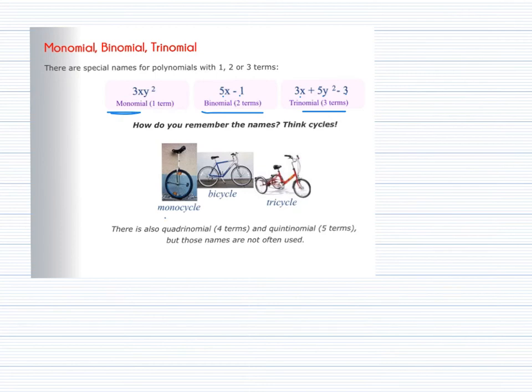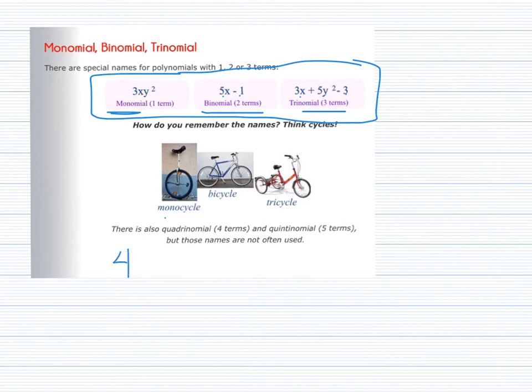Think about monocycle, bicycle, and a tricycle. I know also sometimes we call it a unicycle, but it's also called a monocycle. We don't often use quadrinomial or quintinomial. So these ones are the ones that you will be asked to know for the test. Monomial, binomial, trinomial.